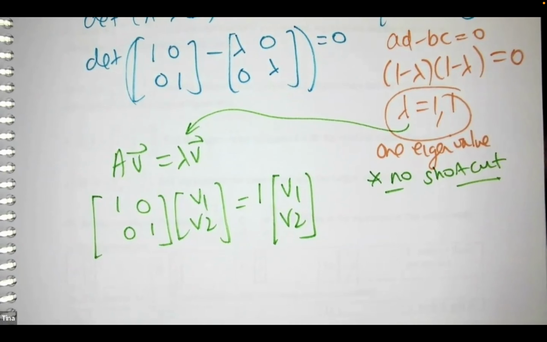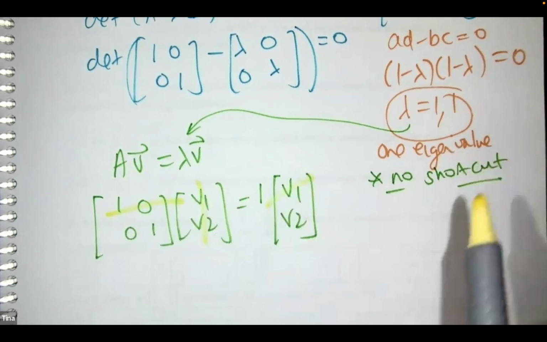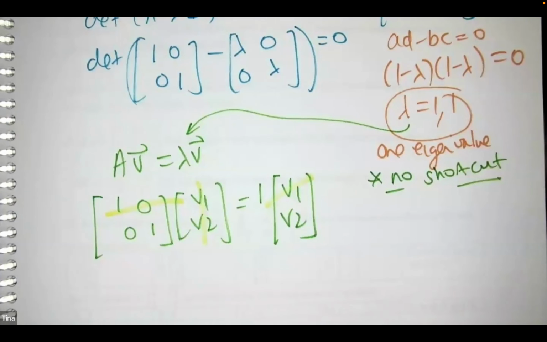Okay. So I want you to write out what your equations are. You know how to do this, top row dot V1, V2, and then do the bottom row. What do you get here?